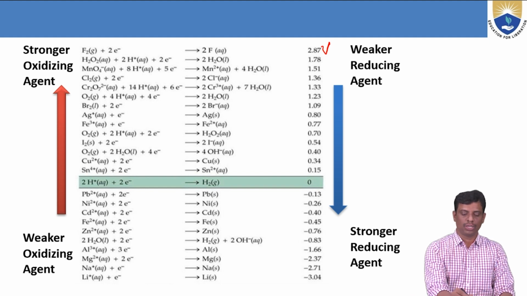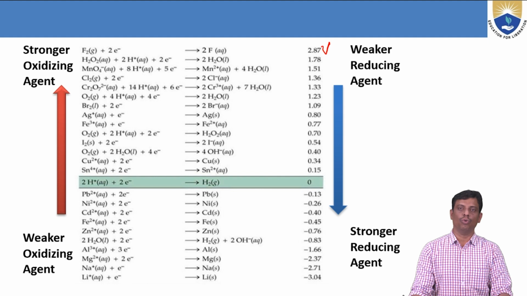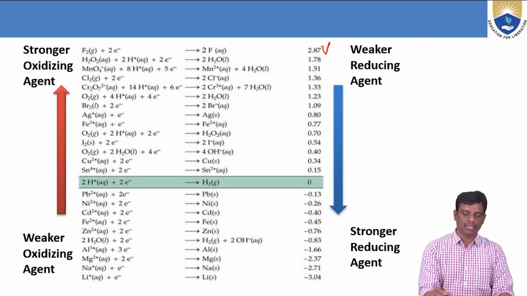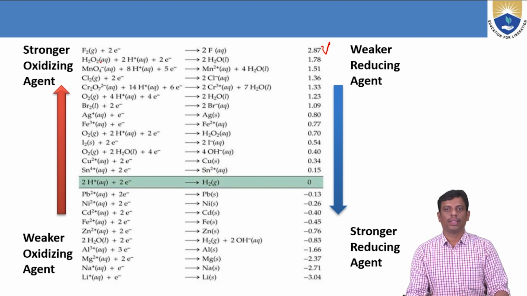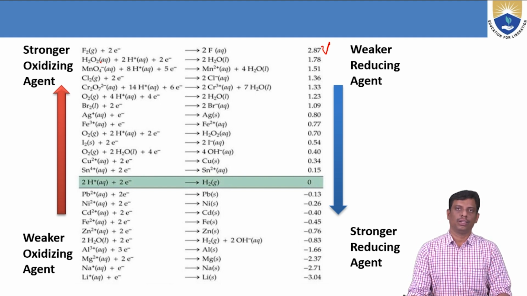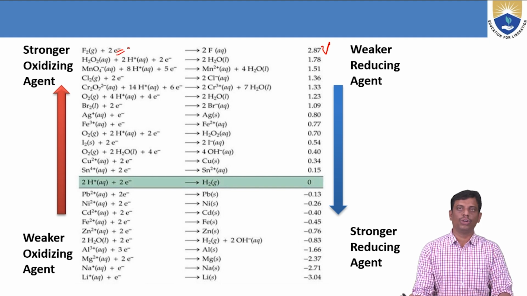The reduction potential of fluorine is plus 2.87 volts. That means fluorine F2 gains 2 electrons and is converted to 2F minus.